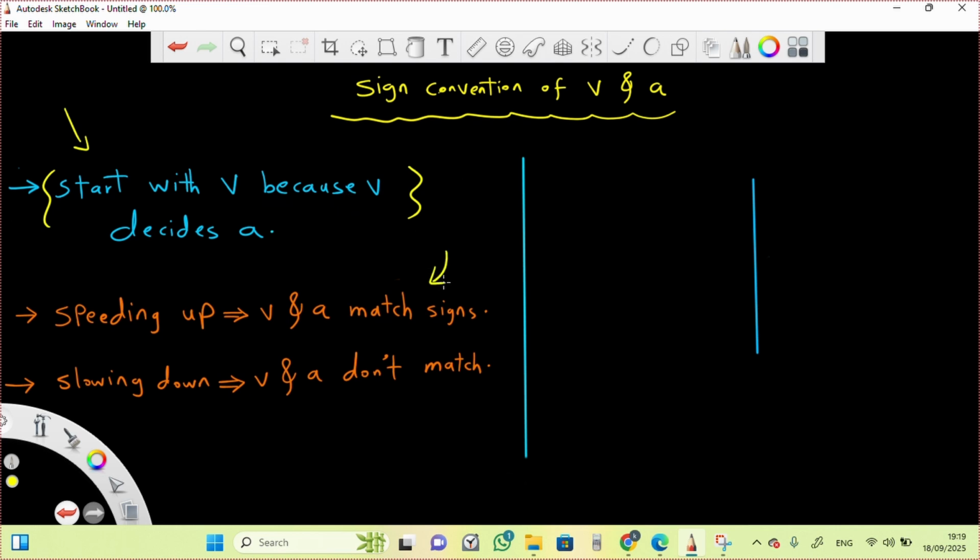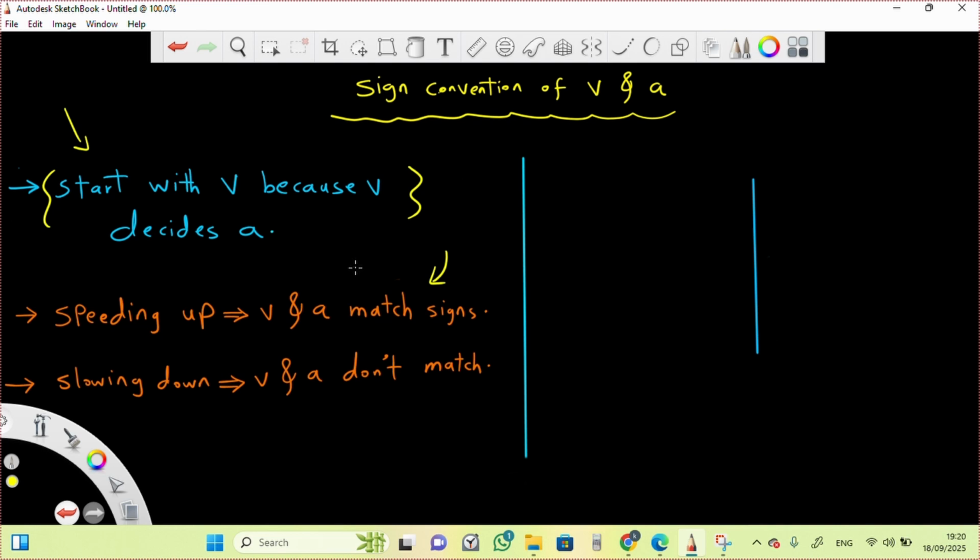And something else we need to know: as long as the object is speeding up, velocity and acceleration match signs, whatever the signs are, positive or even negative.